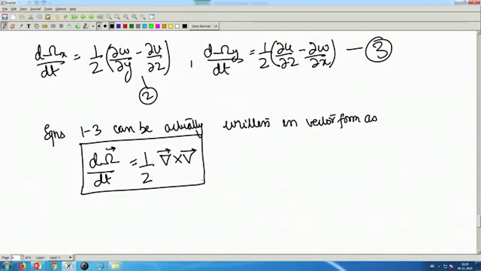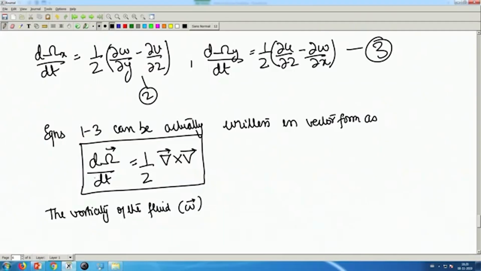So, there is a term called the vorticity. The vorticity of the fluid is actually the rate of rotation.